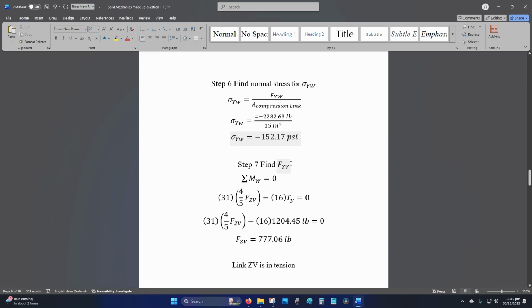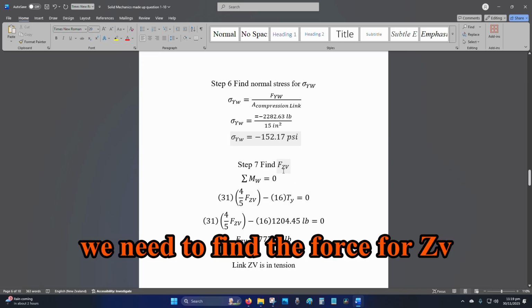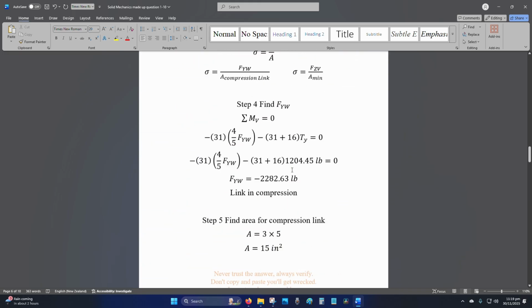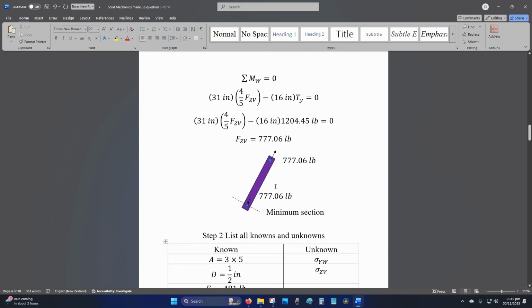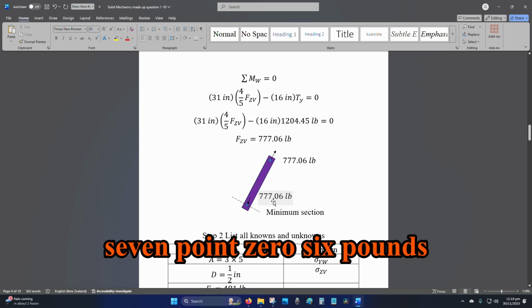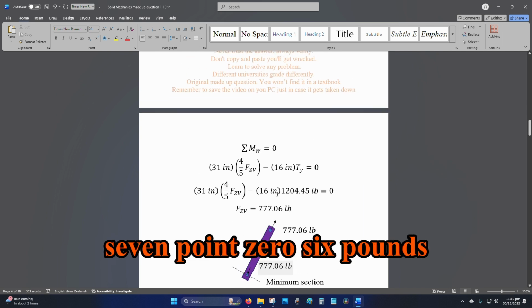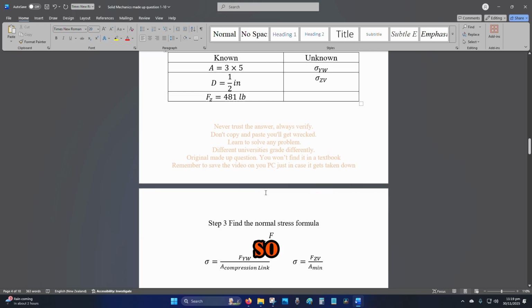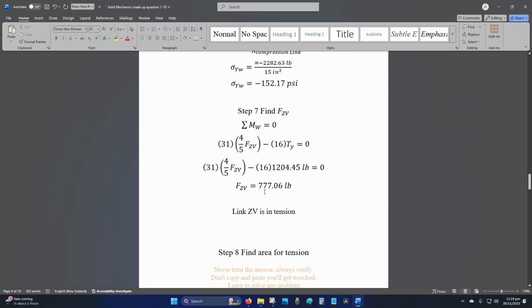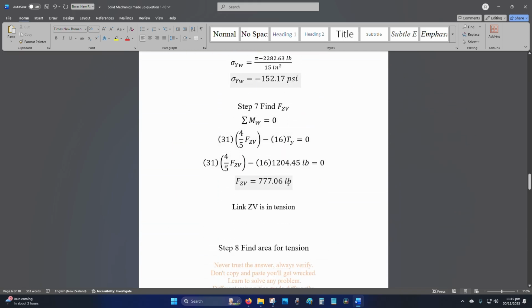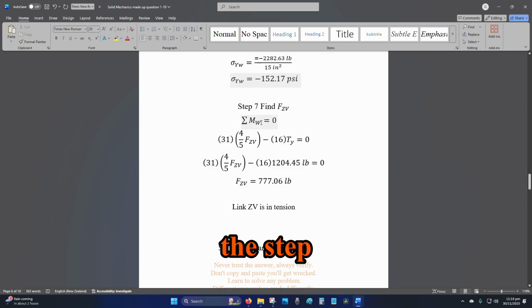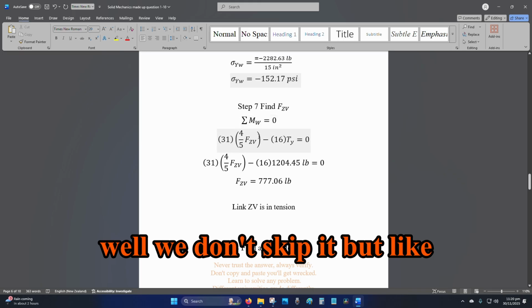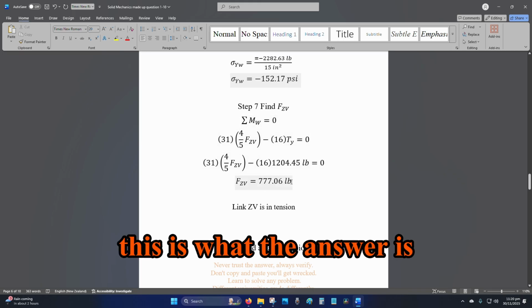Step 7, we need to find the force for ZV. Once again, we done that earlier, so it's 777.06 pounds. Okay. So this is how we done it earlier, or we skip the step. Well, we don't skip it, but like we done this earlier, so this is what the answer is.